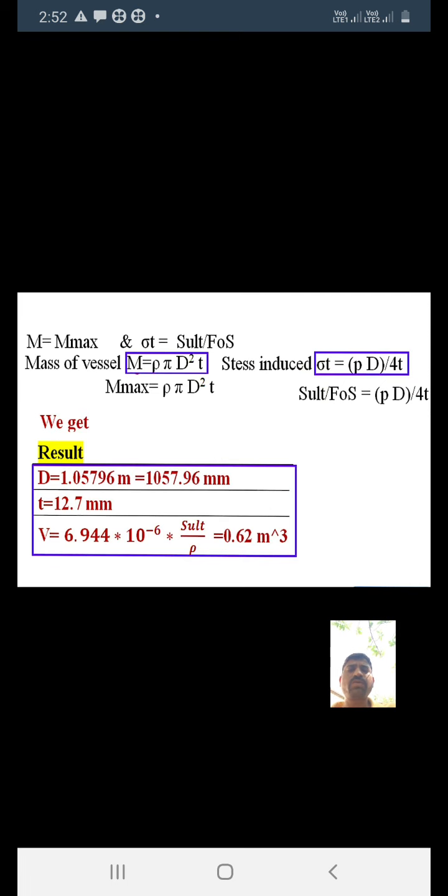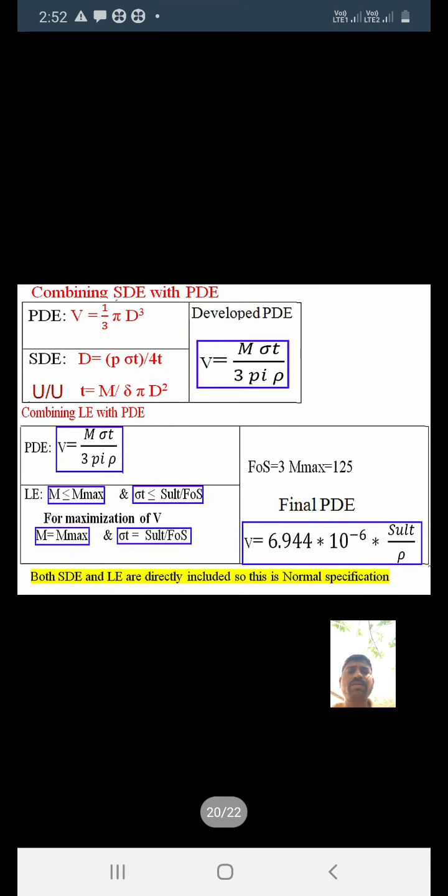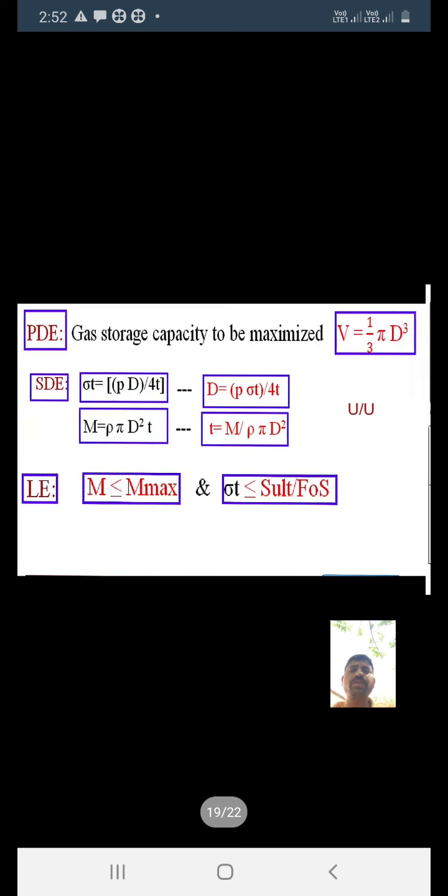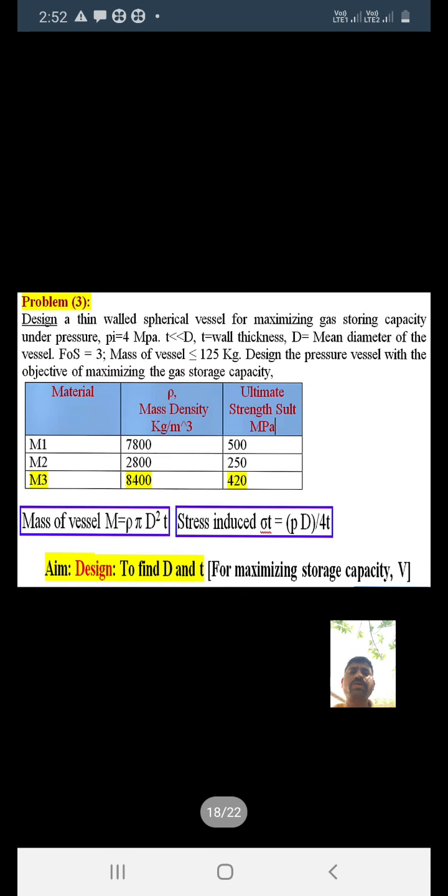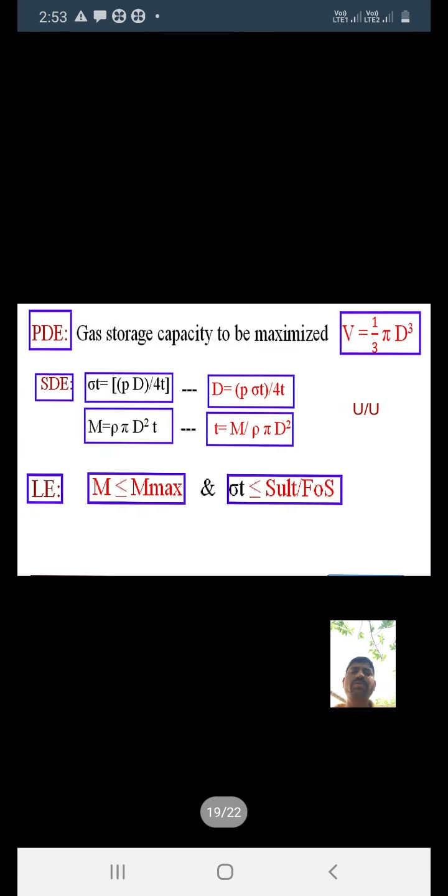You know how to combine the primary equation with the secondary design equation, and how to make the UU equation, the unspecified and unlimited equation. Once you have found that equation, then you know the limiting equation. What is the limiting condition given in your problem statement? Whether less than or less than or equal to is given.